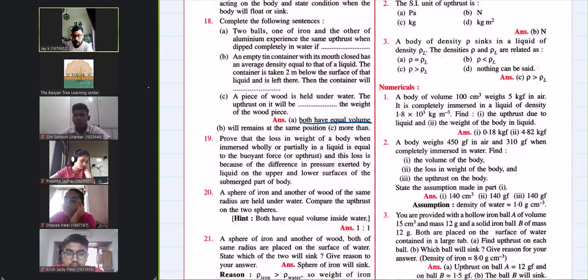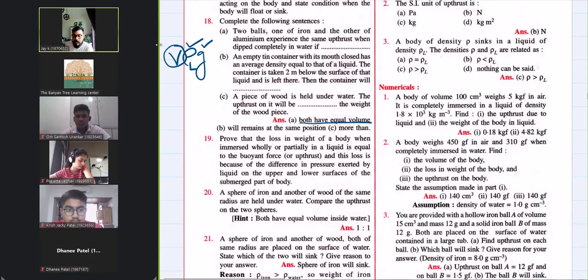Because upthrust experienced by a body depends on V, rho, G. Here rho is the density of liquid. G is the acceleration due to gravity, so that does not change at a single place.